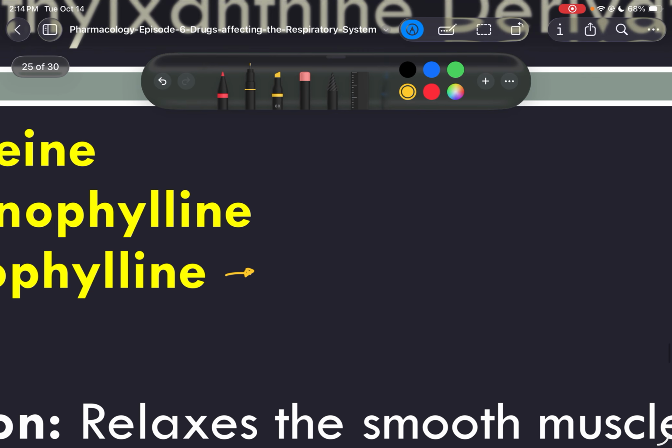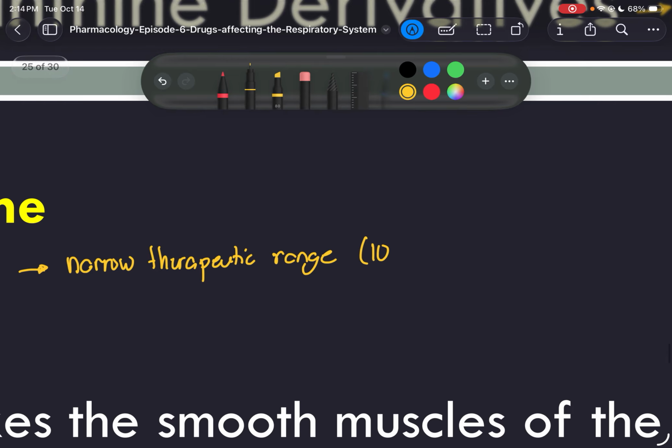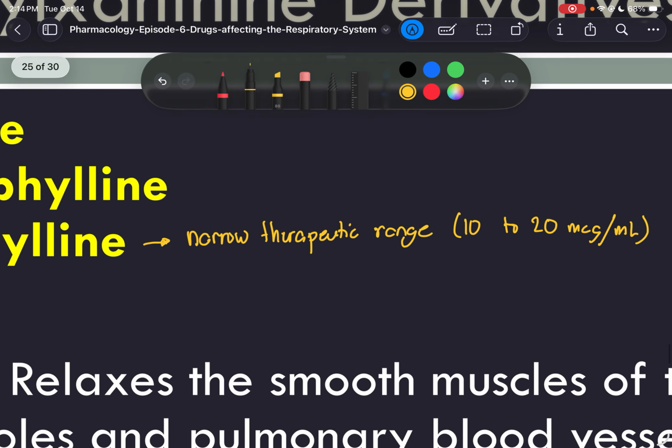Now, theophylline, and I want you to remember this, it has a narrow therapeutic range. A narrow therapeutic range, typically around 10 to 20 micrograms per ml, no? 10 to 20, okay?